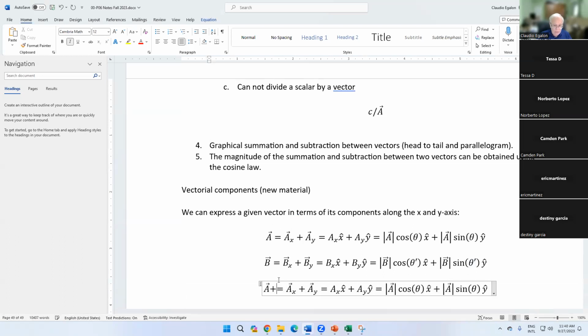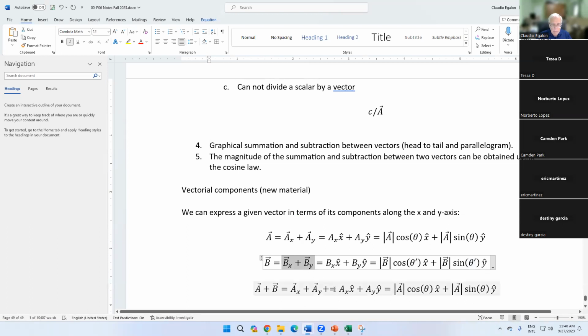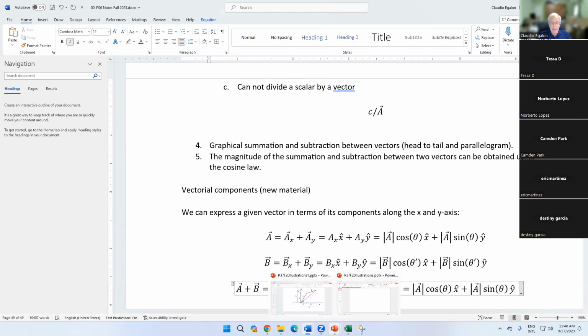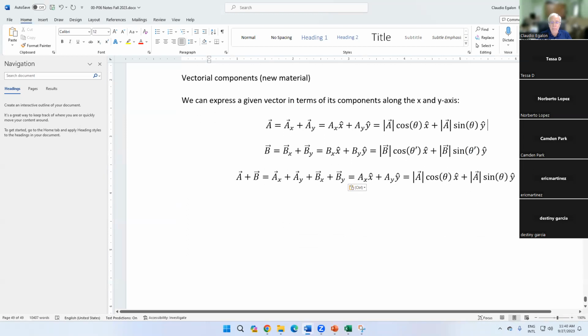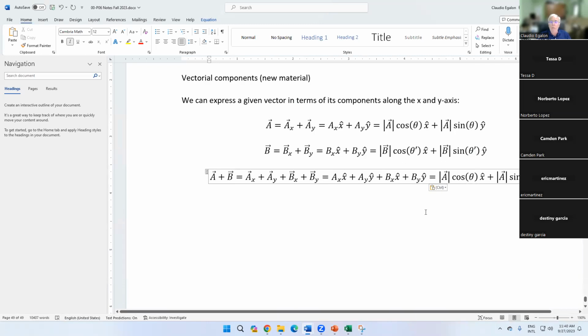A plus B is going to be equal to AX plus AY plus BX plus BY, which is going to be equal to scalar AX X hat, scalar AY Y hat, scalar BX X hat, scalar BY Y hat. And how do we write that?